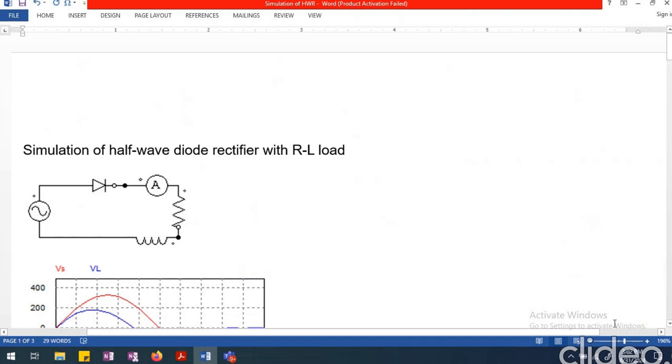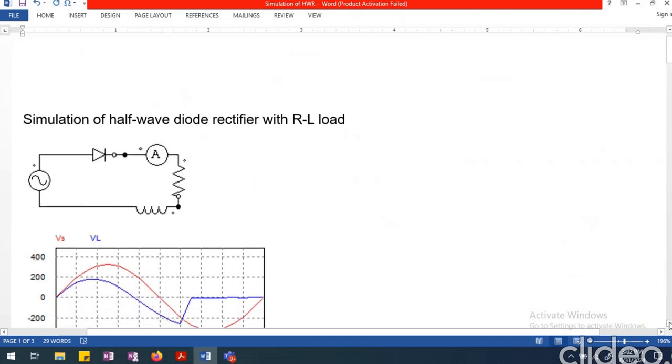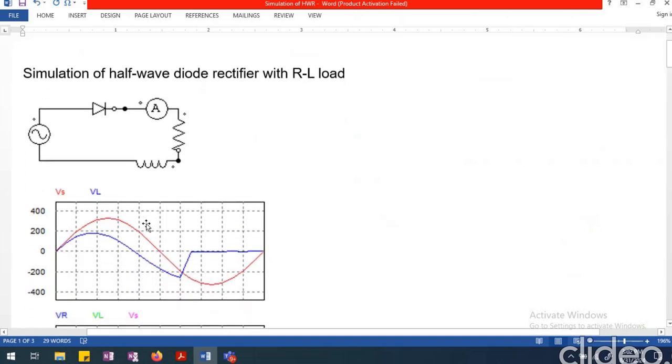If you look at the voltage, this is the source voltage, and what we are seeing here is the voltage across the inductance. You can see that some portion is positive and some portion is negative.